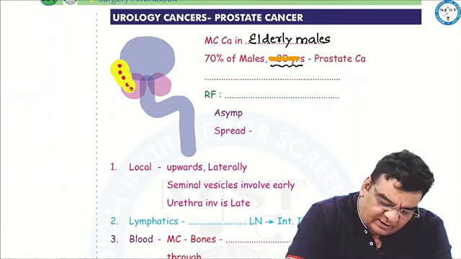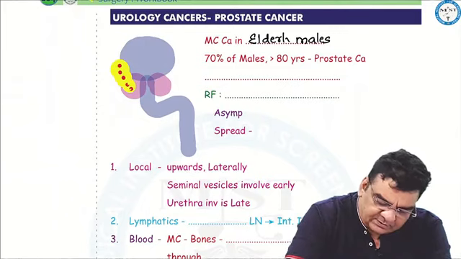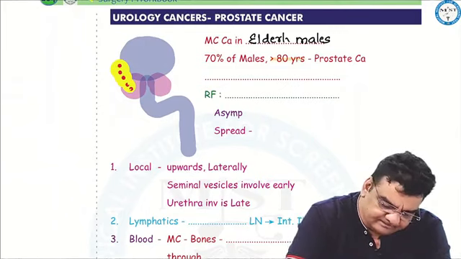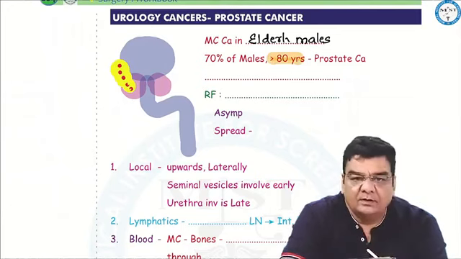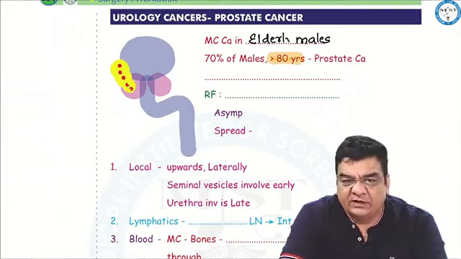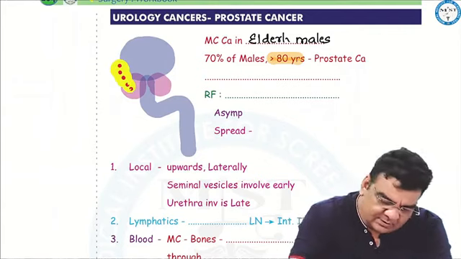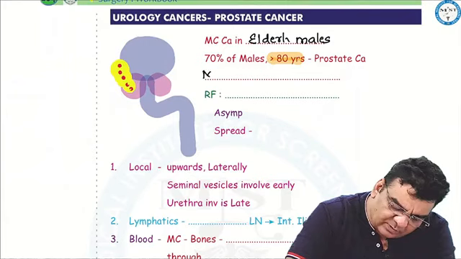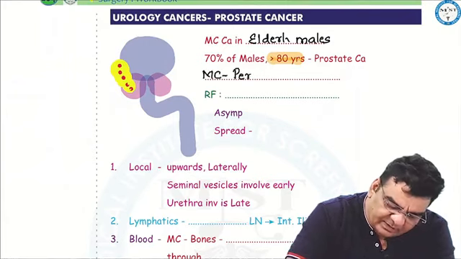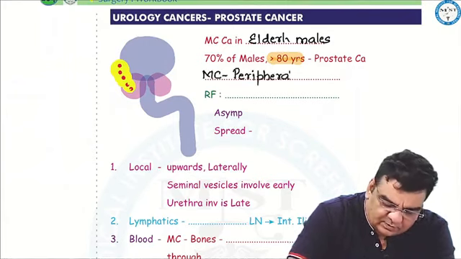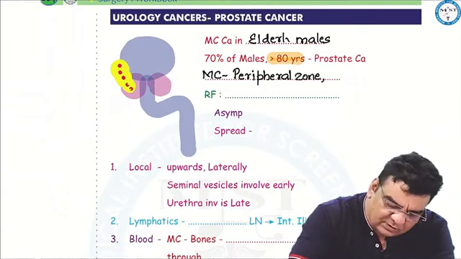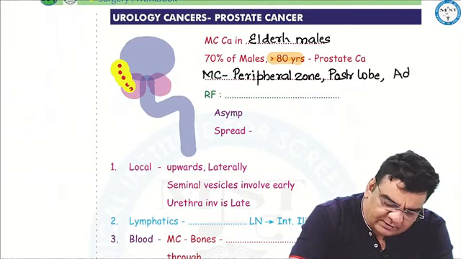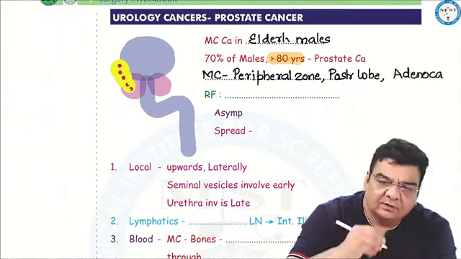After 80 years of age, 70% of males suffer from prostate cancer, and this prostate cancer most commonly arises from the peripheral zone, causes enlargement of the posterior lobe, and it is an adenocarcinoma.